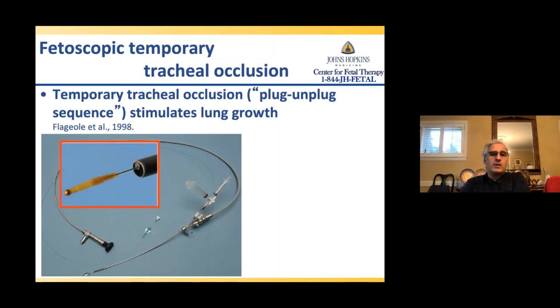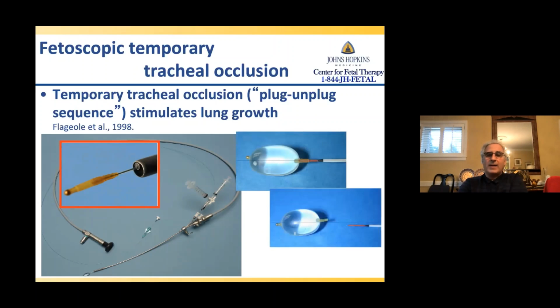And through that working channel, we put in a balloon that used to be available in the US for blocking of brain bleeds. So this is a latex balloon that gets inflated and then detached. The company that held the patent sold the patent to a very large company here that has been buying multiple other biomedical companies.